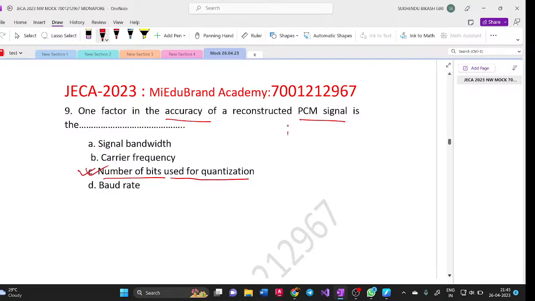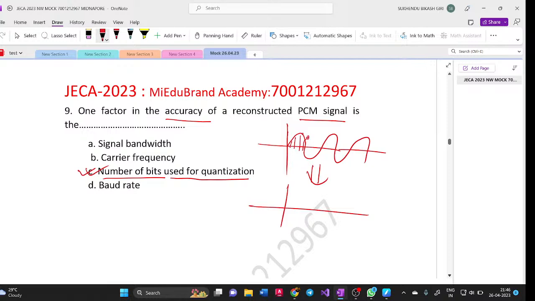If you remember the PCM signal, the analog signal was as it is, and for quantization we just take the peak value, like this, and so on.